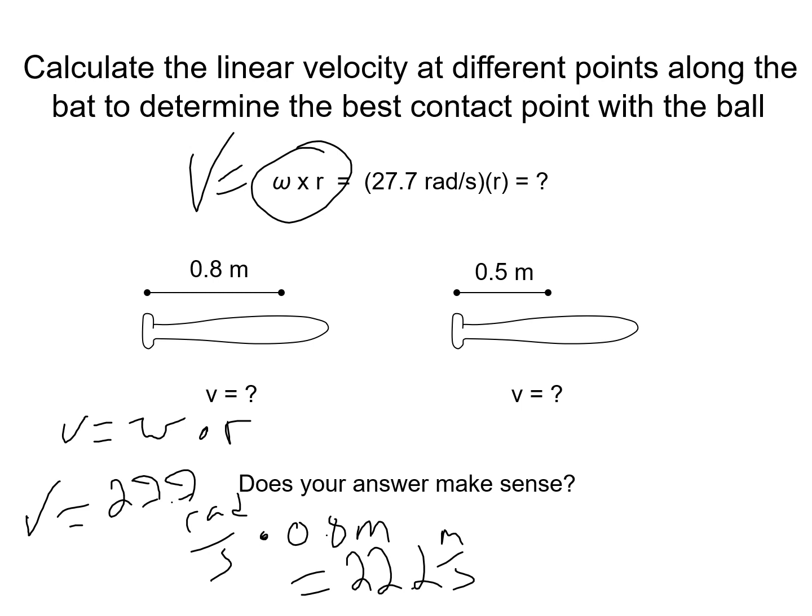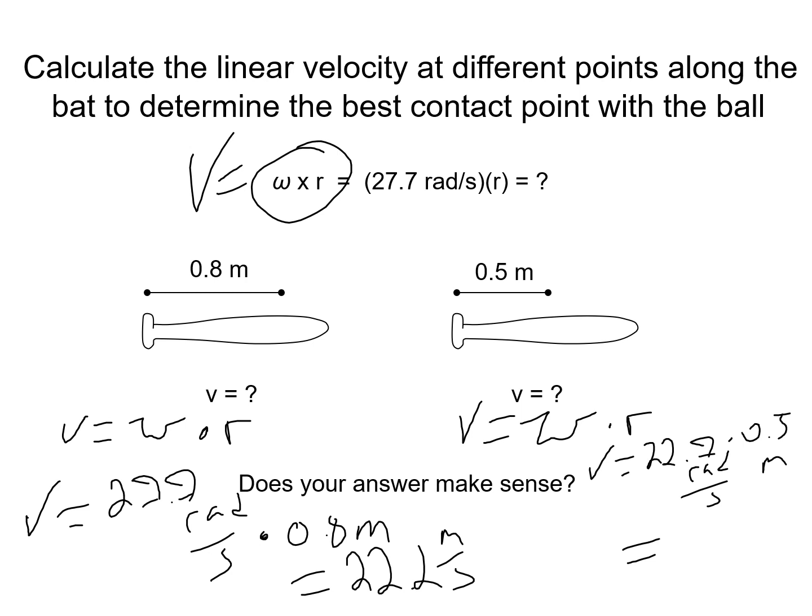Let's look at the other case. Instead of 0.8 meters being the radius of rotation, we have a half a meter. So we still have v equals omega times r. So v equals 27.7 radians per second times 0.5 meters. That will give us basically half of 27.7, so 13.85.